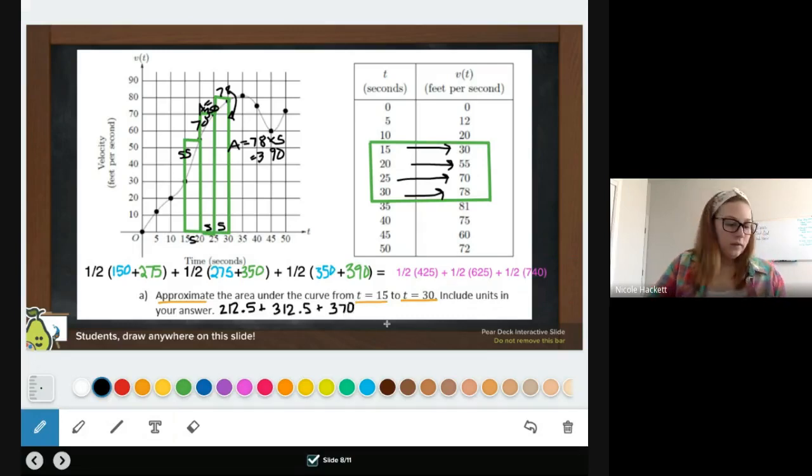So then we add all 3 of those together to get our final answer. We do 370 plus 312.5 plus 212.5, and we get 895. And we're talking about feet per second squared. All right.